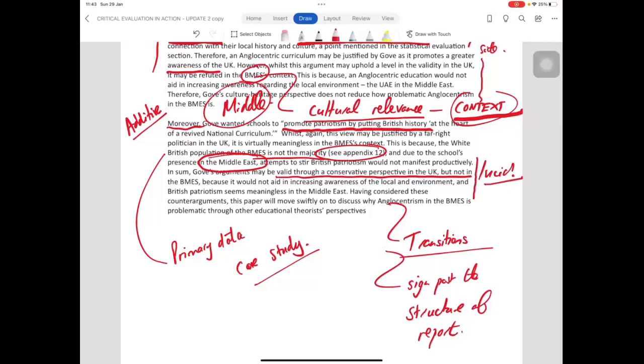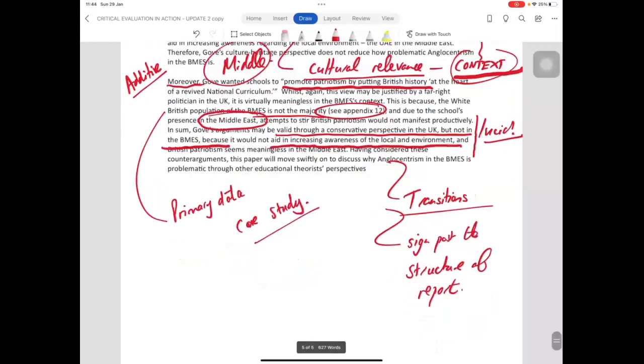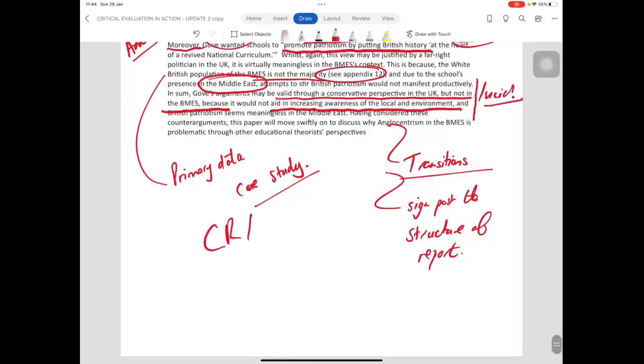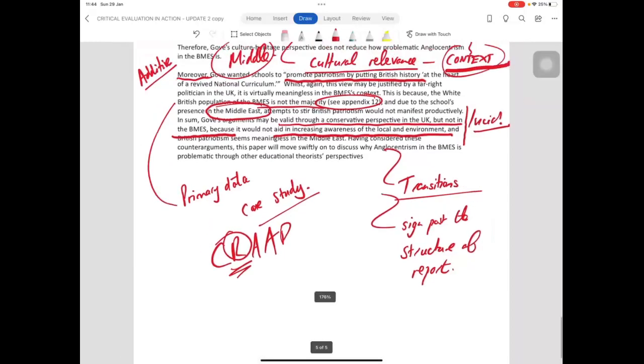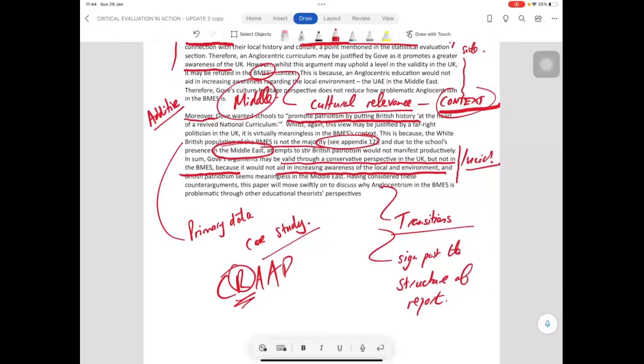But she says in the context of a British school in the Middle East, it will not aid in increasing the awareness of the local environment. Now, I think that's an excellent example of looking at an argument and evaluating whether it is relevant within this context. So in terms of the CRAAP formula, I would say that we're looking at the R there, the relevance idea.